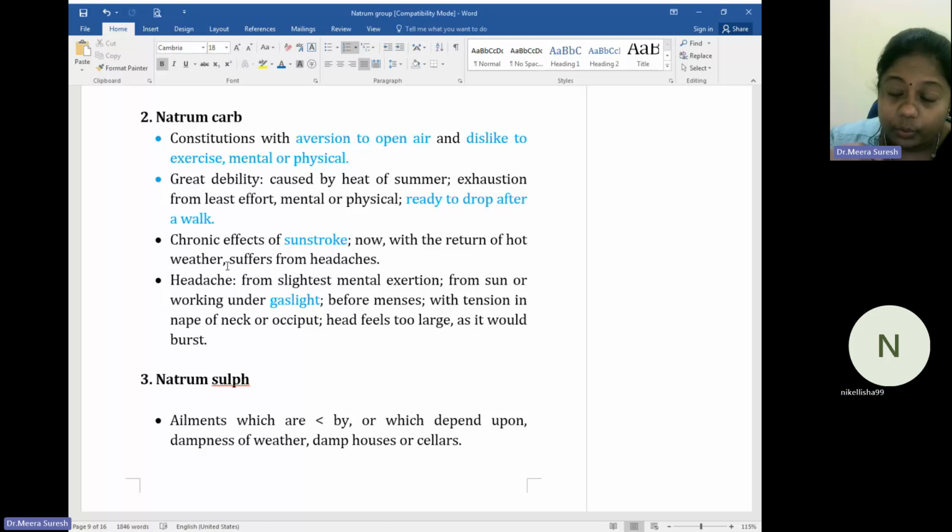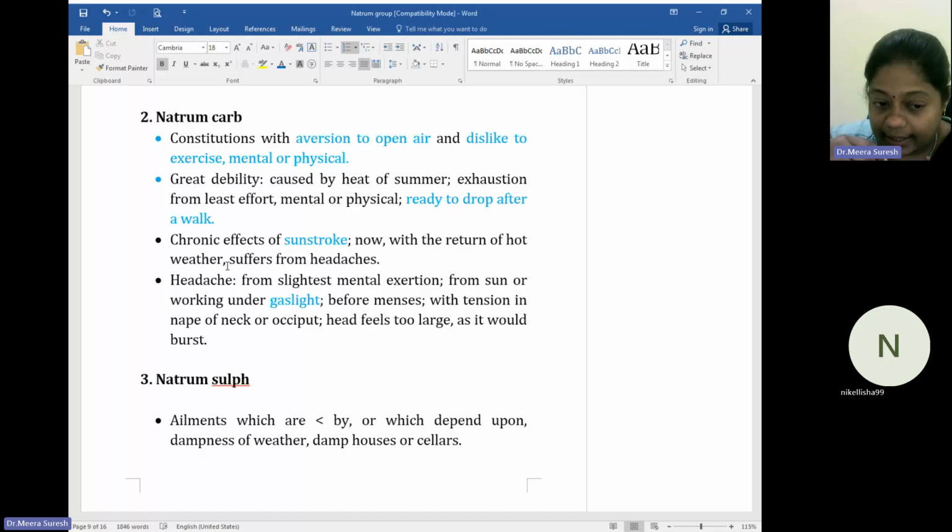So for acute, mostly it is better to go towards Glonoine, Gelsemium, Lachesis, because these medicines are good for decreasing pressure also. In sunstroke at that time there can be increased pressure of the body. So we can give those medicines which also act on decreasing the pressure. So this is more towards the chronic effects, like the return of hot weather, the patient will be having headache.